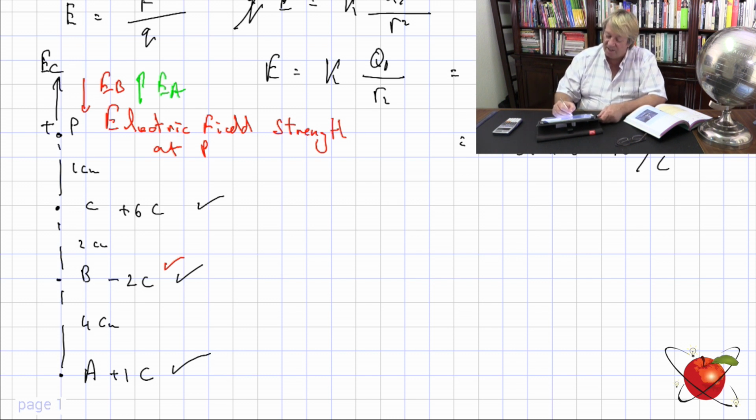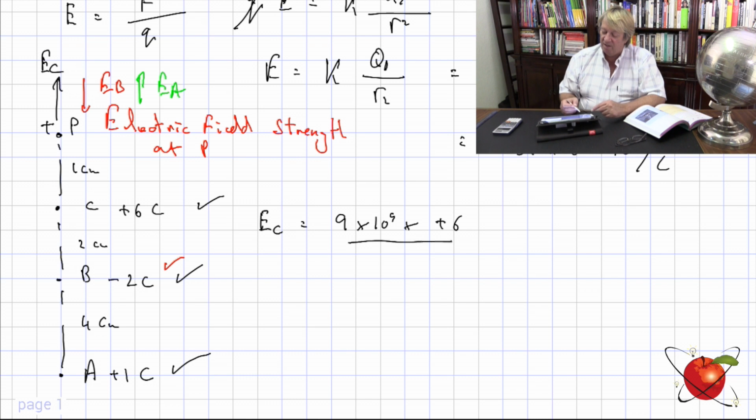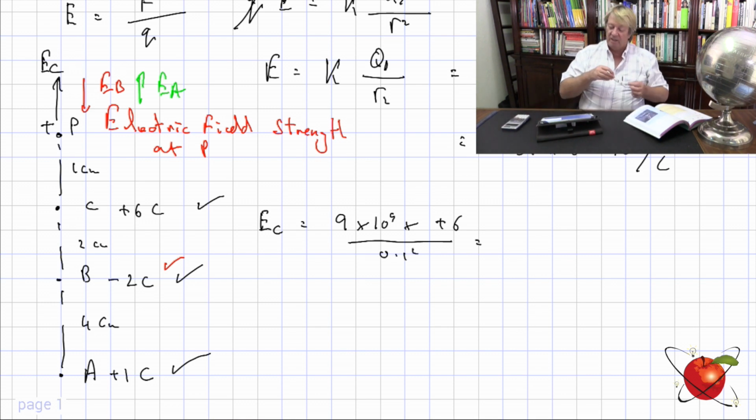What is C? So we say the electric field strength at C is K, 9 times 10 to the 9, times Q, which is plus 6, over R squared, and my radius here is going to be equal to 1 centimeter, which is 0.1 squared. So let's have a look at that.